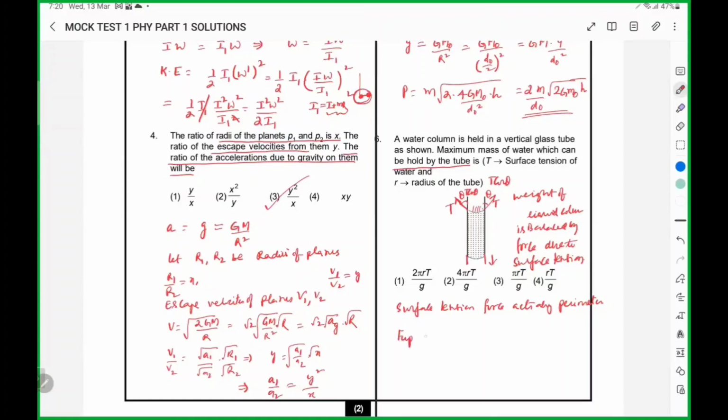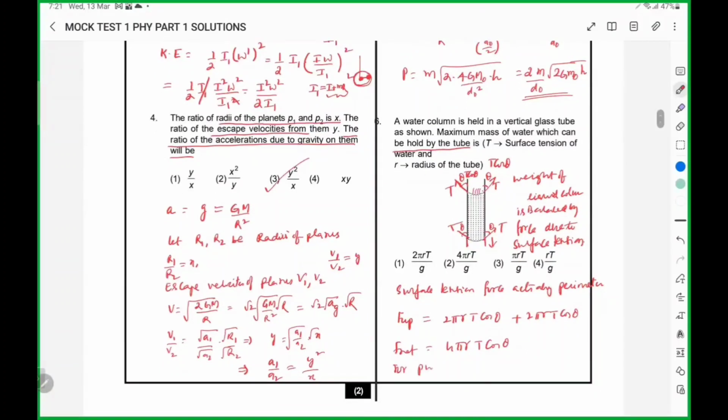So the upward force due to this meniscus is 2 pi r into T cos theta. Similarly, because of this one also, you have another 2 pi r T cos theta. So the net force will be 4 pi r T cos theta.